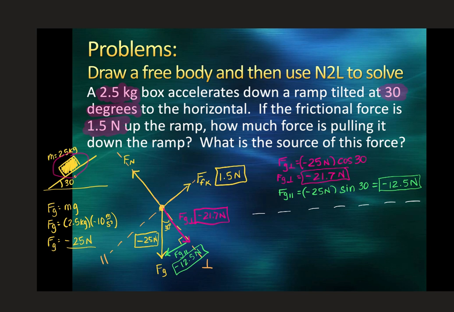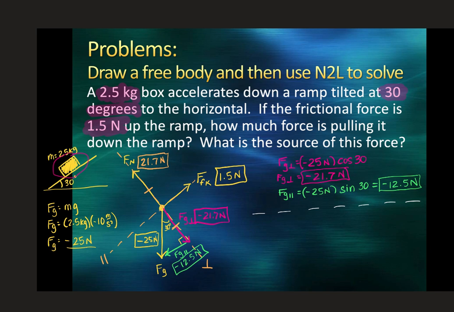And notice that in that direction, the box is not moving. It's not floating up or crushing down into the ramp. And so what that tells us is that those forces are balanced. So the normal force here is going to be equal to 21.7 newtons. Equal in magnitude to the perpendicular component of gravity, opposite in direction.